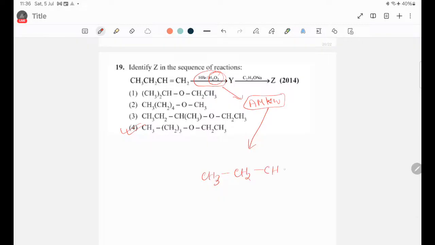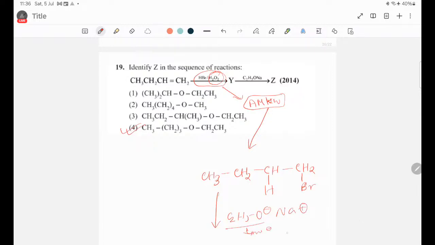CH3CH2 then CH2, and this CH2 will contain the bromine and the other carbon will contain the hydrogen. This will be the anti-Markovnikov addition. And now in the presence of C2H5O minus Na plus, the ethoxide ion will act as a nucleophile.